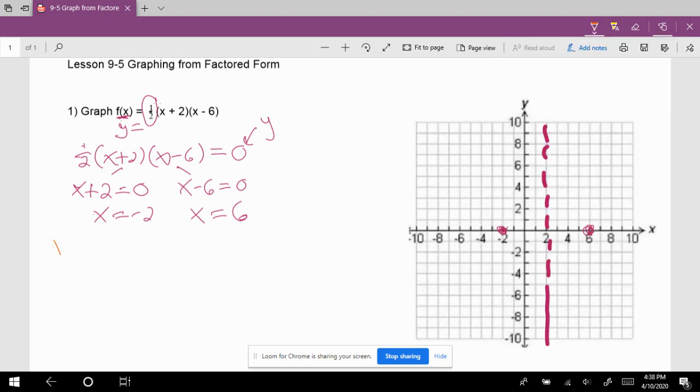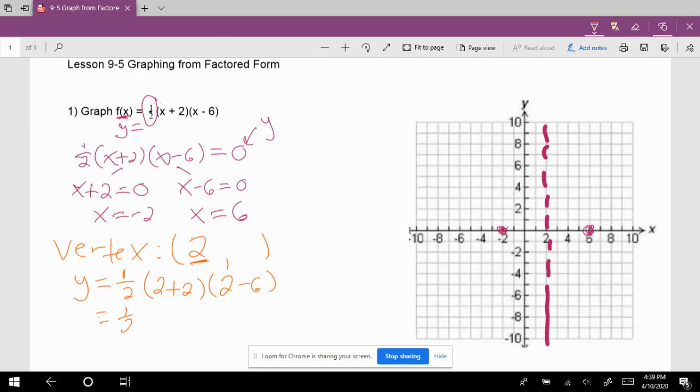For your vertex, you know the x value has to land on that axis of symmetry, which is x equals 2. So now you just have to find the y value. If you know an x, you can find the y value by plugging it into your function. We know y equals 1/2 times, now replace all your x's with the 2 from your axis of symmetry, (2 + 2) times (2 - 6), and go through order of operations.